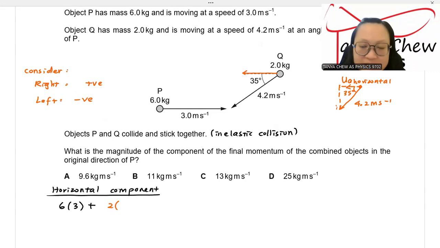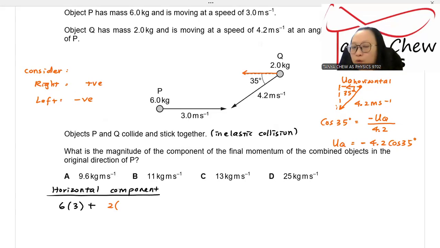Adjacent over hypotenuse. Cos 35 degrees is equal to negative UQ horizontal over 4.2. So UQ is equal to negative 4.2 cos 35 degrees. Why do I put negative again? Because the initial velocity of Q can only be resolved into left direction, and left takes negative. These two objects stick together, so you just add up their masses, 6 plus 2 kilogram, and times their final velocity.